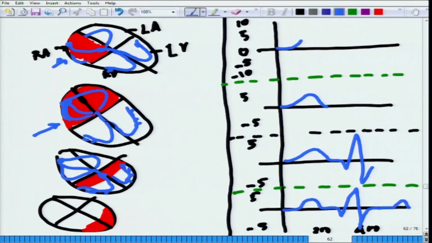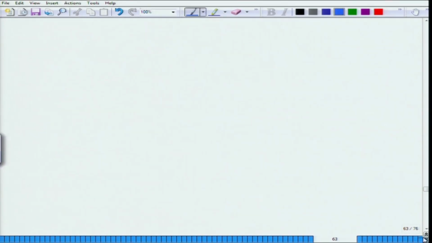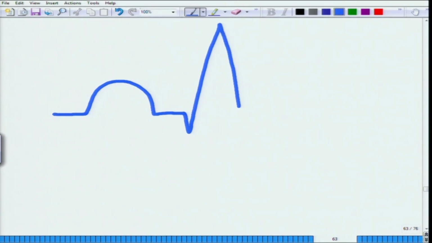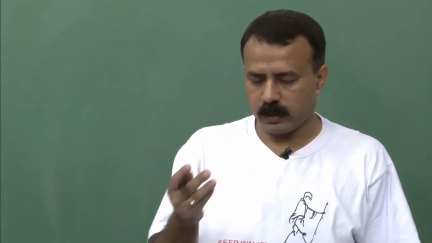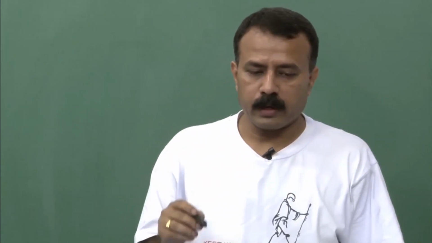I will redraw this particular graph on a bigger platform, so that will give you an idea of how it looks. Likewise, it comes back. Okay. This is how a single ECG or EKG, electrocardiogram, whichever you call it, is meant.